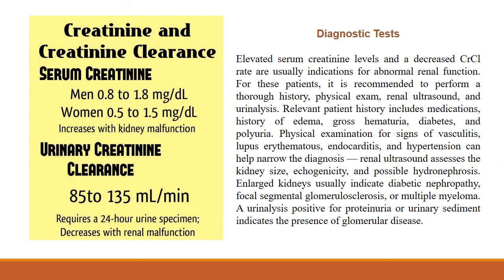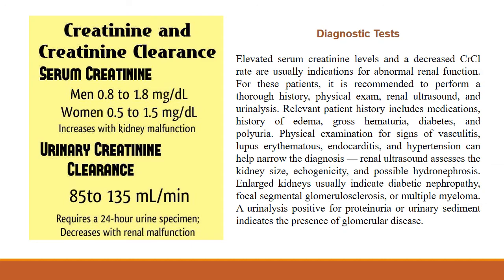It requires a 24-hour urine specimen and decreases with renal malfunction. So the creatinine clearance decreases with renal malfunction. Remember, this is a urinary creatinine. It decreases because if there is kidney malfunction, it is not able to excrete through urine.